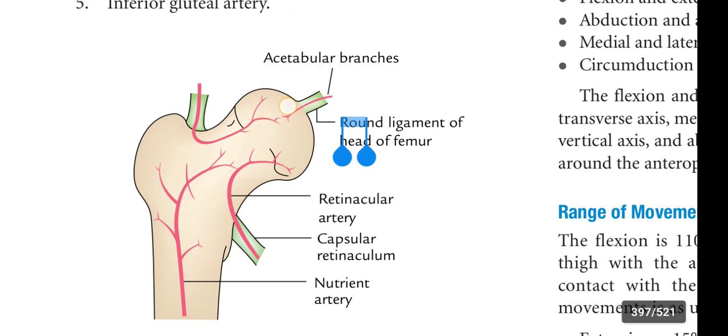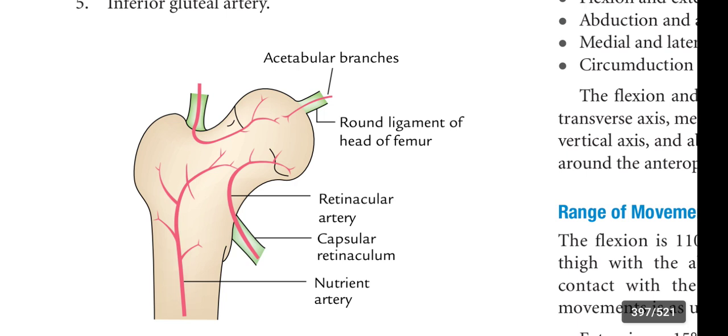These are the acetabular branches. The branches of the obturator artery and the medial circumflex femoral artery enter the femur through the round ligament of the head of the femur, or ligamentum teres.